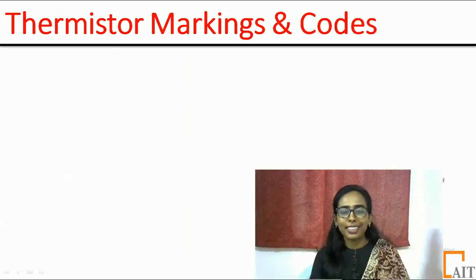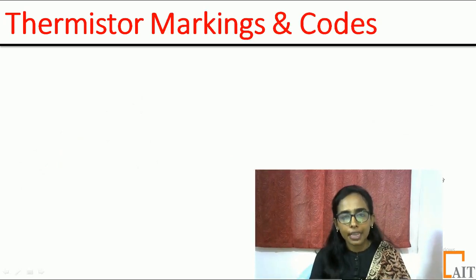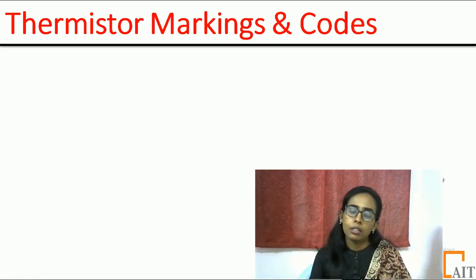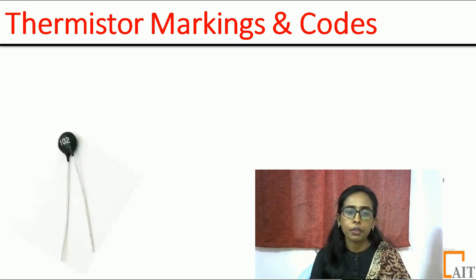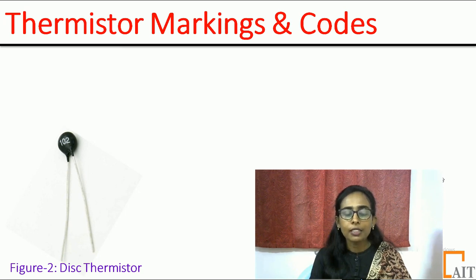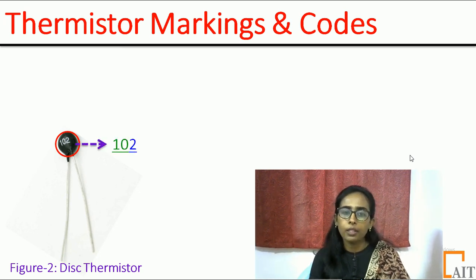So we've already seen the different types of thermistors, what a thermistor is, and also the different packages. Now let's look into the thermistor markings and codes. You can see in figure 2 a disc type thermistor, and there is a specific marking on its surface which denotes 1, 0 and 2.